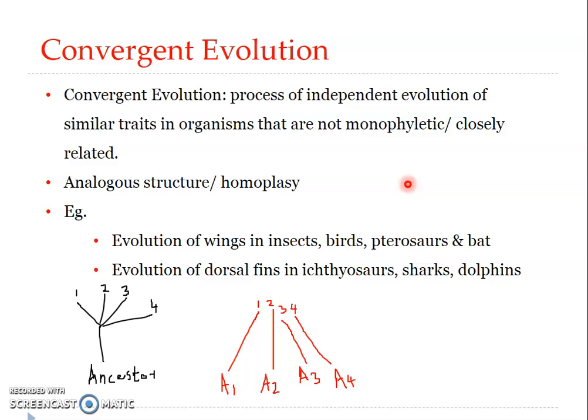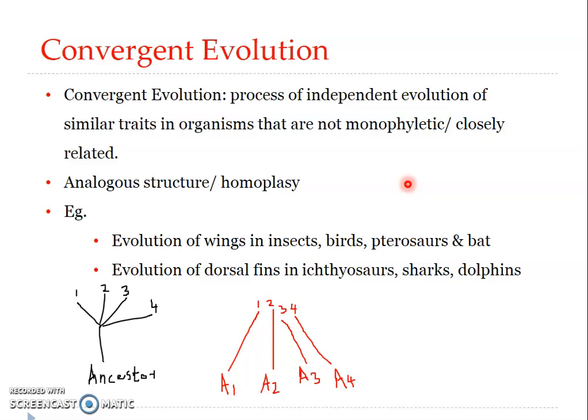As a part of the adaptation to the same ecological niches, these entirely different, distantly related organisms have developed similar traits. So convergent evolution is a process whereby organisms which are not monophyletic or closely related independently evolve similar traits as adaptations to the same ecological niches or similar environments.